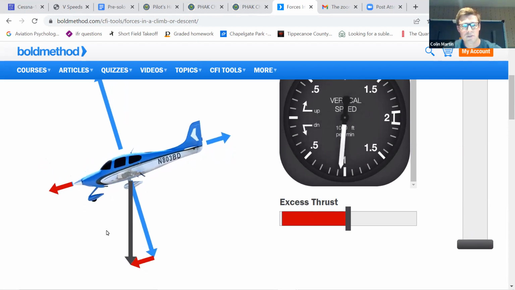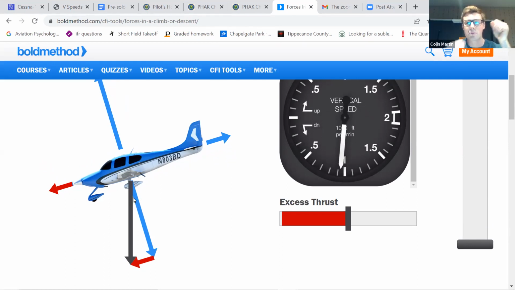angle decreases between our thrust and our weight, right? So now we have our thrust working to push us forward, but we also have our weight dragging us down and forward.